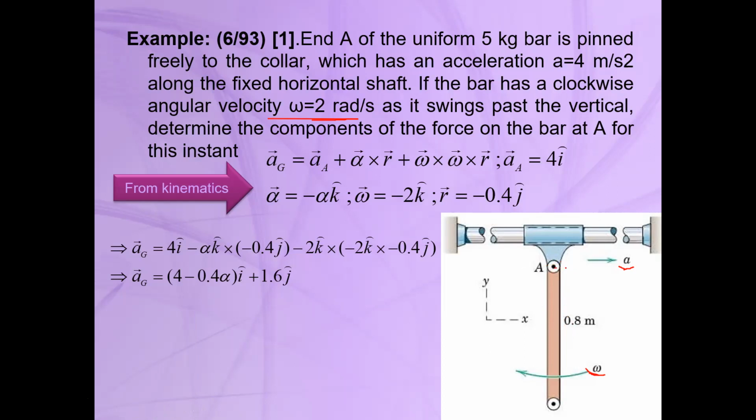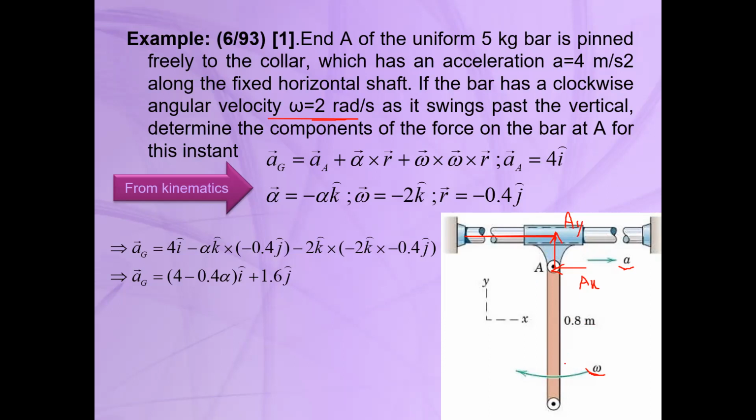At this point A, we will have two reactions. One is, if we call it AX, which is the horizontal component, and the other one is AY, which is the vertical component. The AY is clearly equal to the weight of this bar because there is no motion in vertical direction.